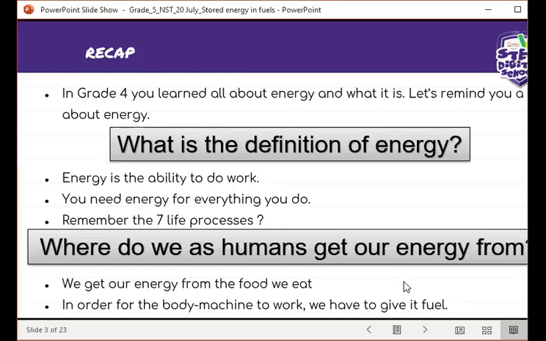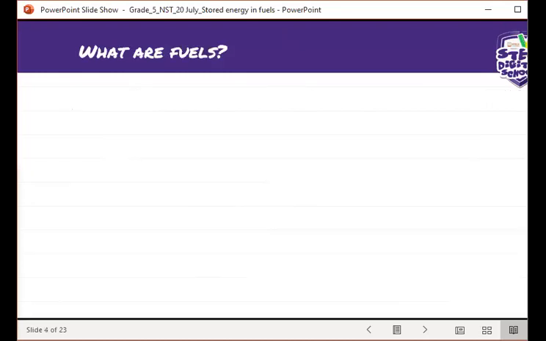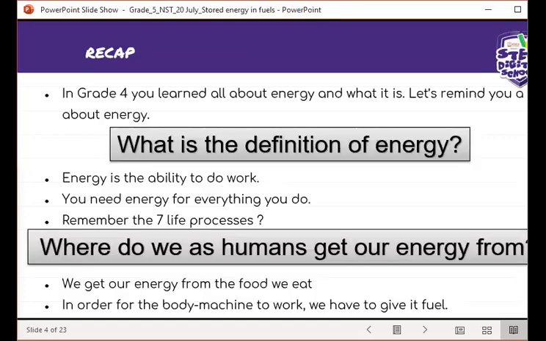All right, cool. Now we step into defining what fuels are. So we already established that the food that we eat as humans is fuel to our bodies. Let's just give it a minute, and then we will move on.